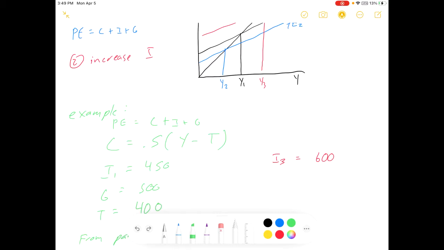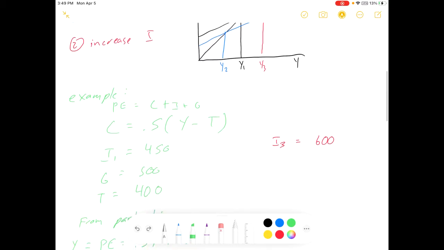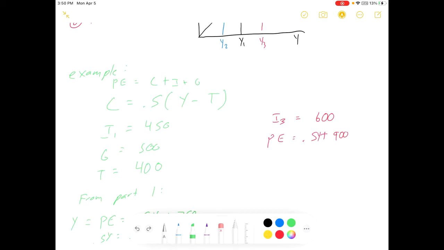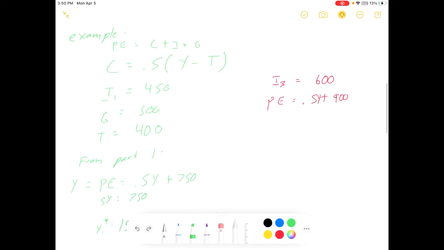Now let's go to the increase in investment, and so the new level of investment is 600. Well, then our planned expenditures curve, by the same reasoning from part 1, will go to 0.5Y plus 900, because it went up by 150, so from 750 to 900.